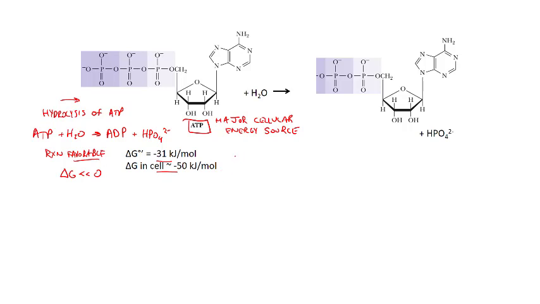So why is that? Well, you'll recall that for any chemical reaction, delta G is equal to delta G standard plus RT natural log of Q. Delta G standard is a constant that is the free energy change of the reaction under standard conditions, which is usually taken to be 0 Celsius, 1 atmosphere pressure, all solutions at 1 molar concentration.